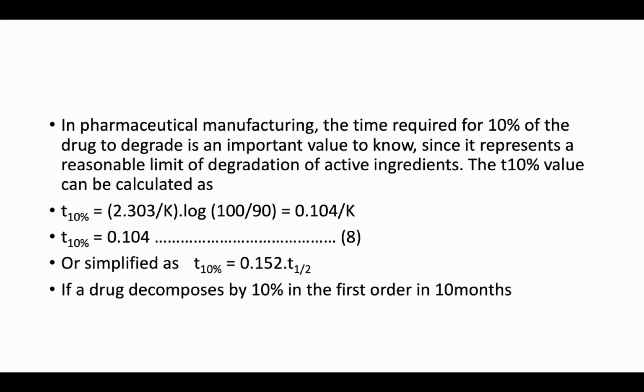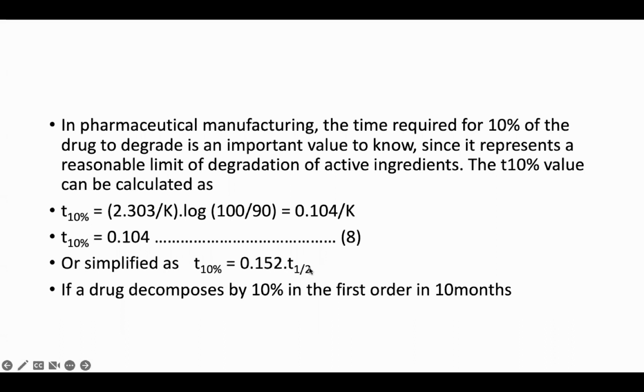If the drug decays by first order rate of reaction, then you can use this equation. Of course, just substitute for concentration again. Remember, we're looking at the time it takes for it to degrade by 10%. So we're looking at 100 over 90. And by the time you simplify this equation, you get 0.104 over K. Sorry, this should be 0.104 over K. Or you can simplify it.